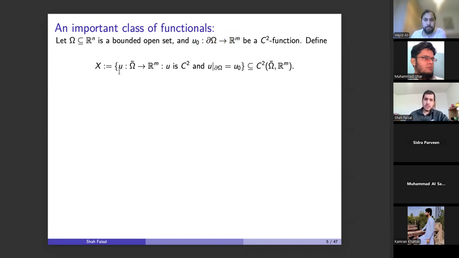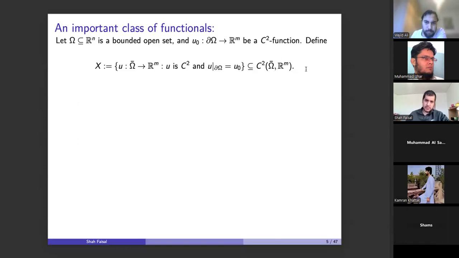And then you define X, which is the space you're looking in, to be the functions from this domain to Rm, some other Euclidean space, which are C2, so twice differentiable. And on the boundary, it agrees with the given function you have fixed in advance. And it gives you a subspace of C2 functions on the domain omega bar to Rm.